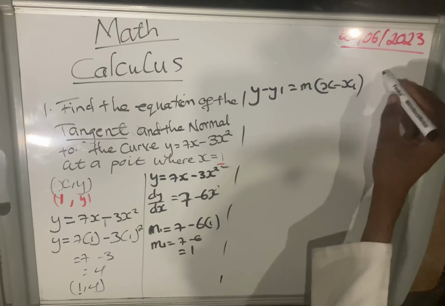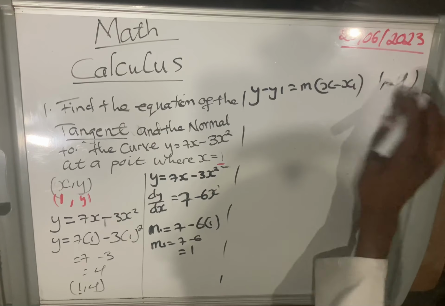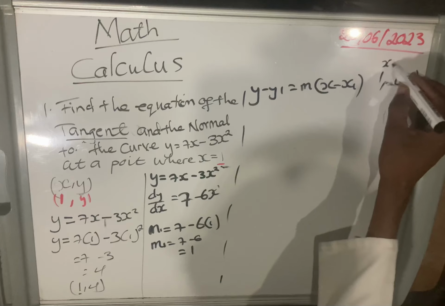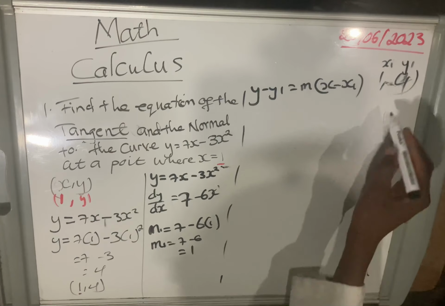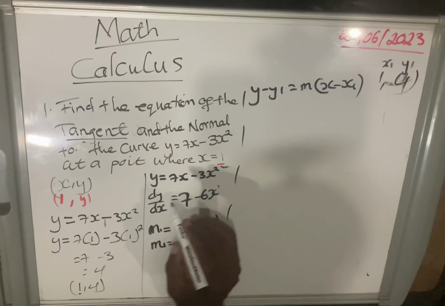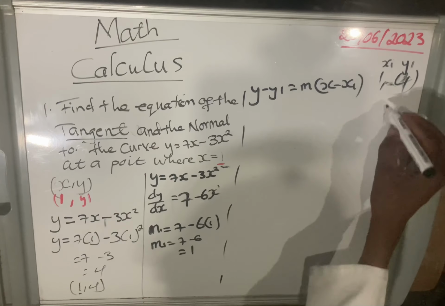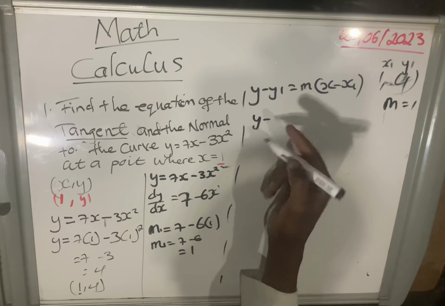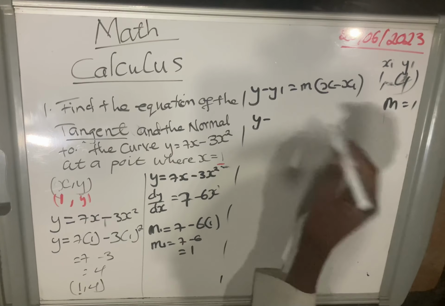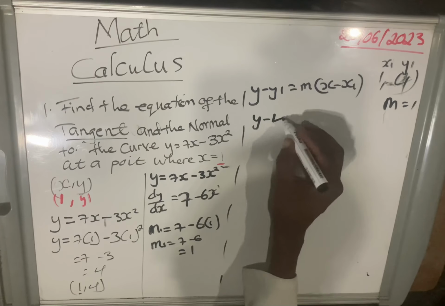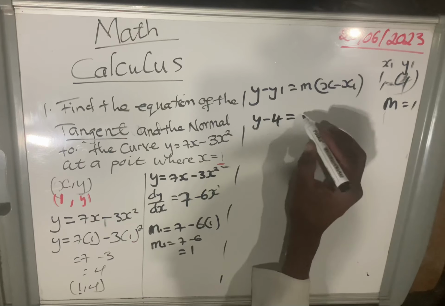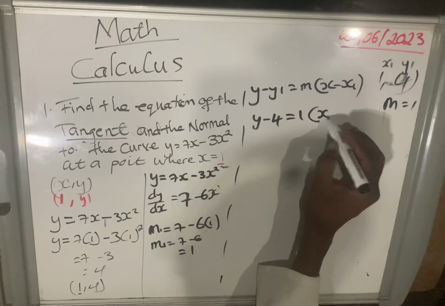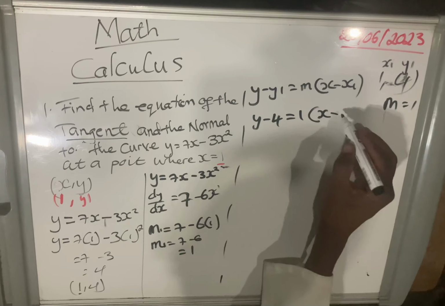So we have this point which is 1, 4, and this is representing x1, that is representing y1. So we have to substitute these figures here. Remember, we also have gradient equals 1. So y minus y1, which is 4, so y minus 4 equals gradient, which is 1, open bracket, x minus x1, which is 1.